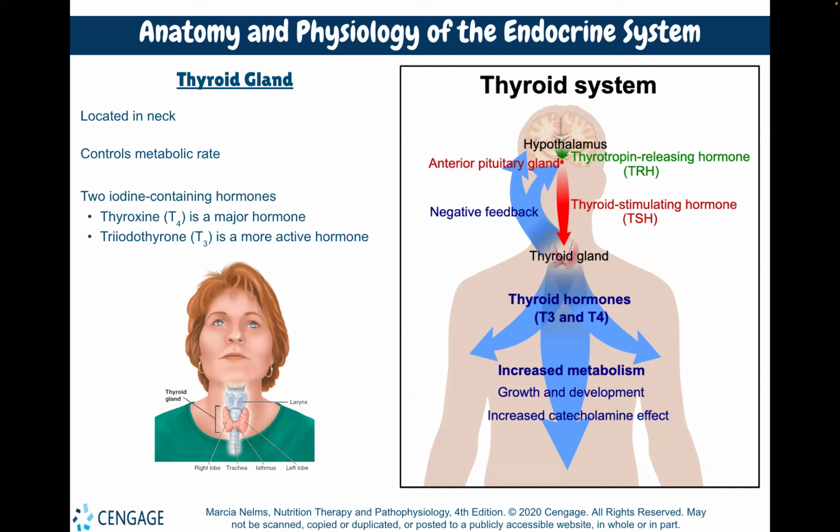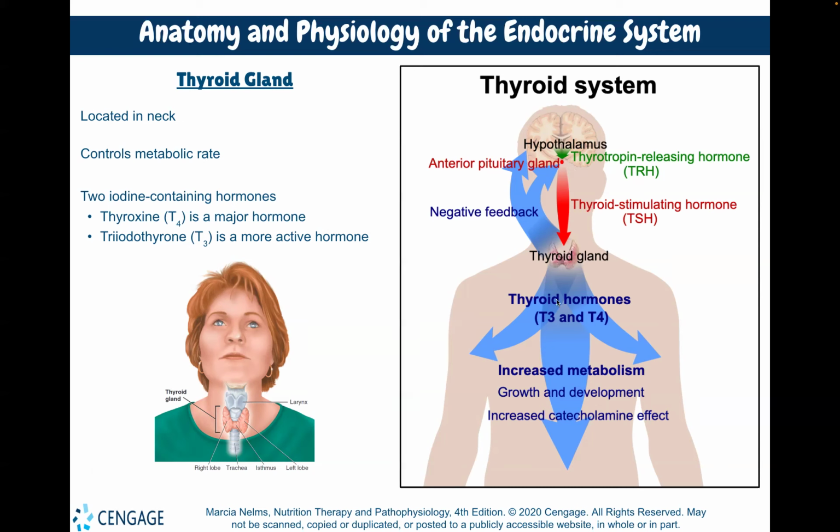Our more active thyroid hormone is T3, but T4 is what is predominantly produced, and we have to convert to T3. Now, in order to get thyroid hormone, we have to have some signaling going on. So we signal through the production of TRH, thyrotropin releasing hormone, which stimulates thyroid stimulating hormone or TSH, and that tells the thyroid gland how much thyroid hormone should be produced.